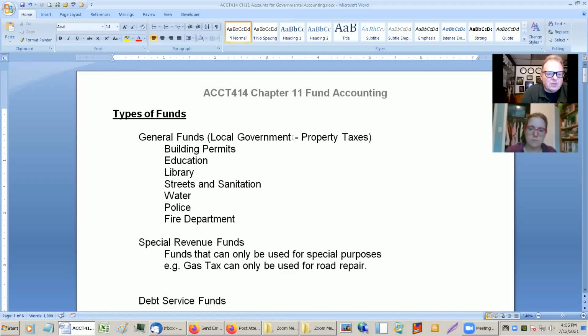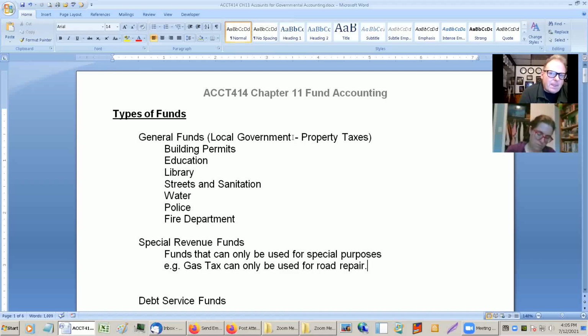They get grants from different government agencies that can only be used for education. You can only use this for educational purposes. You can't use that to pave the streets. So these special revenue funds are funds that can only be used for specific purposes.